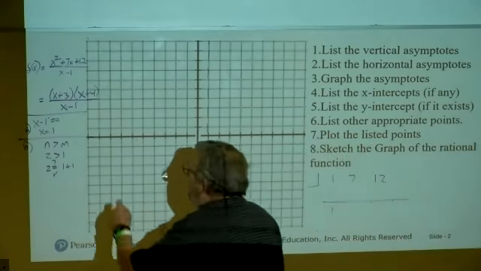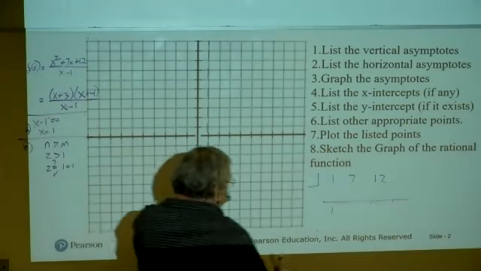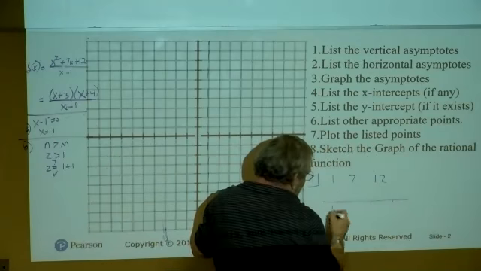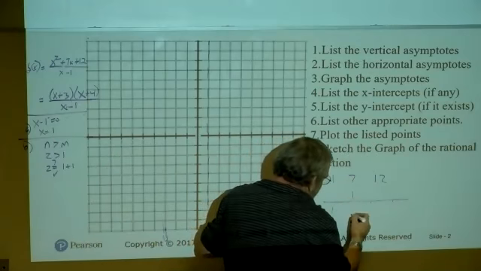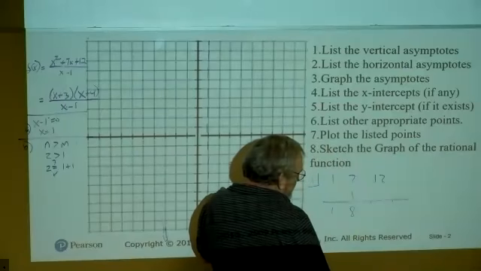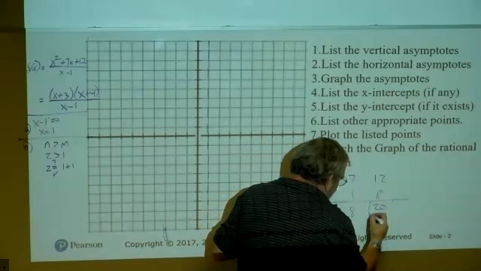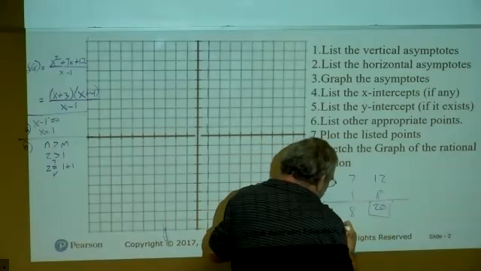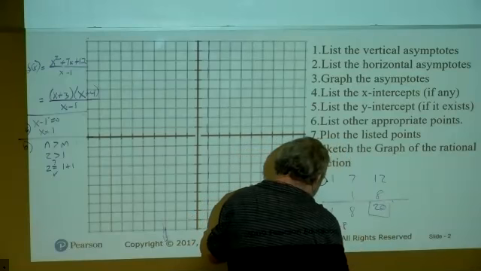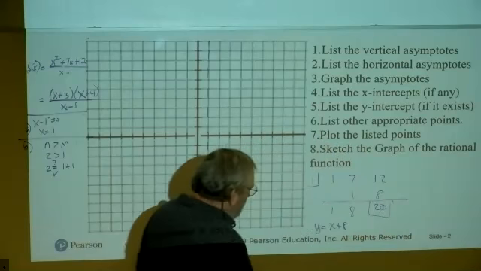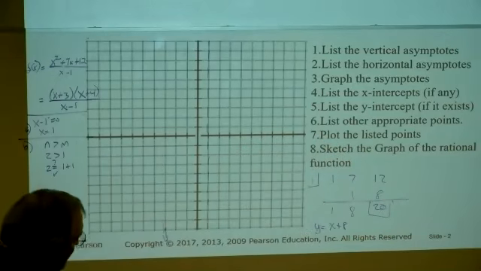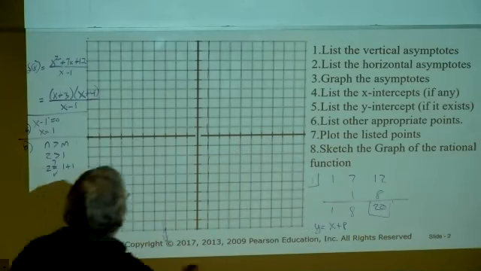So we're going to use negative 1 in our synthetic division. So negative 1 times 1 is negative 1. Negative 1 plus 7 is 6. And then negative 1 times 6 is negative 6. And so that gives me a 6 over here, which I can ignore. So this is x plus 6. Again, I still don't like that, but that's me.